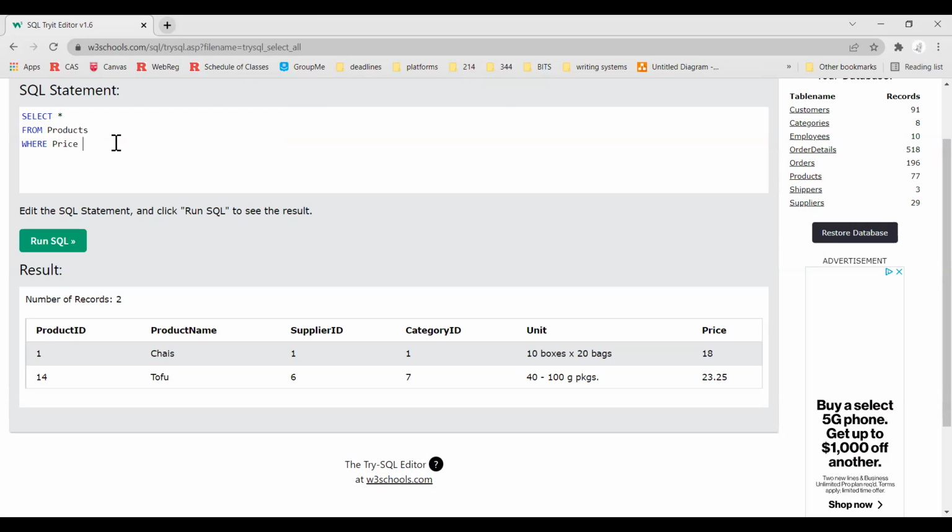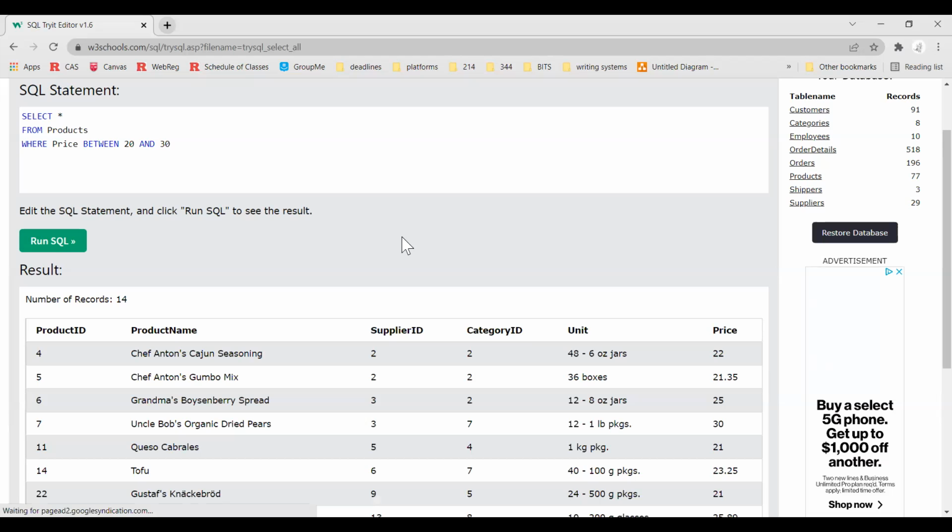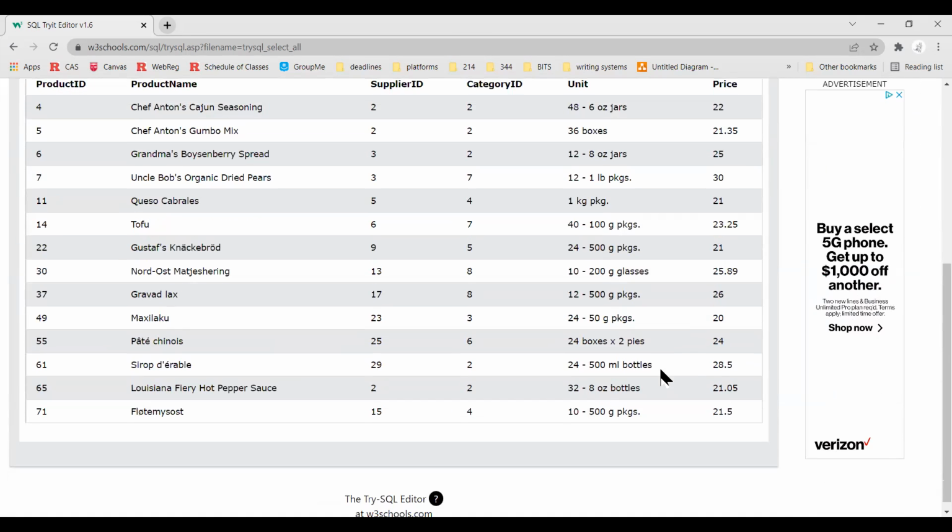So it was BETWEEN 20 and 30 here. This gives us everything within that range. And you can see there's a 30 here. This is inclusive.